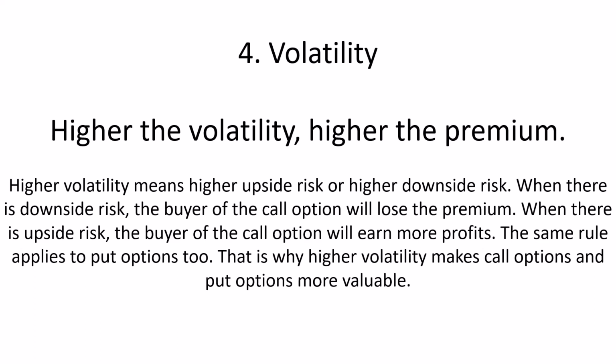But when there is upside risk, the buyer of call option will earn more profits. The same rule applies to put options too. This is why higher volatility makes call options and put options more valuable.